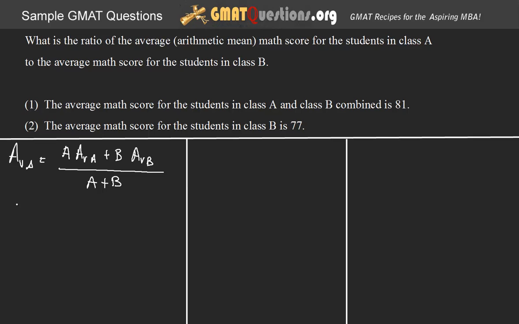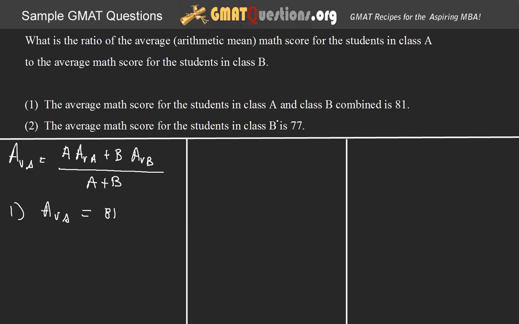So number one, we are told that the average math score for the students in class A and B combined is 81. In other terms, AVS is equal to 81. Now we can replace 81 here, and that's the only thing we have. If we put 81 here, are we able to find AVA over AVB? Because that is the question here.